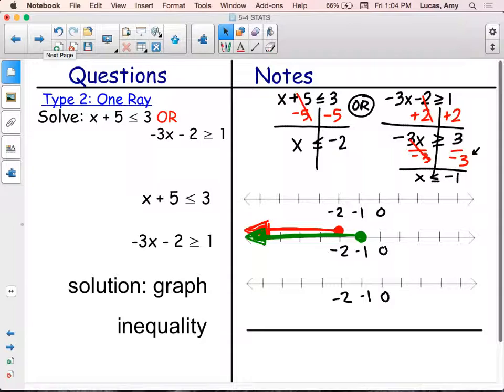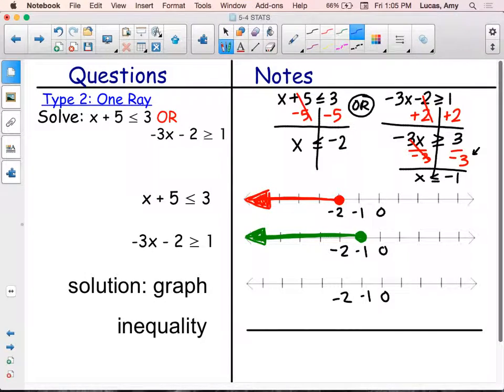Now, we are looking for a union. So because this is a union, it's not where they overlap each other. It's anything that's on either ray. So this one has to start over here at the -1 and go to the left.